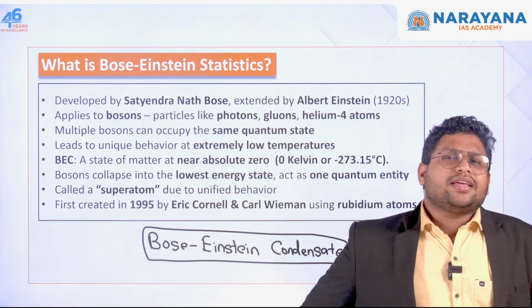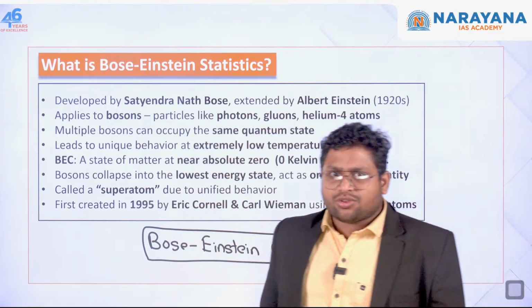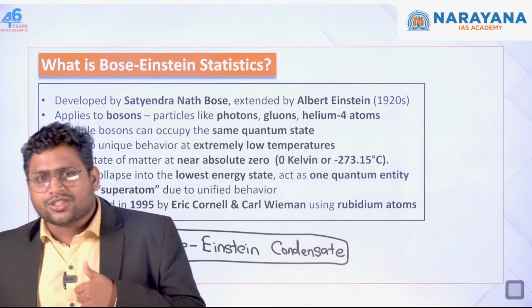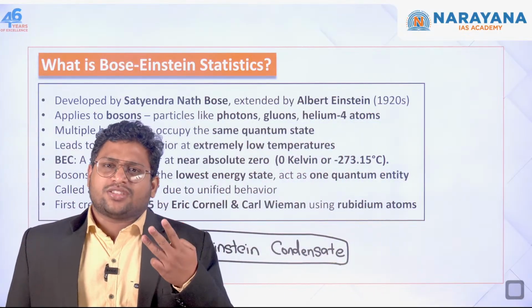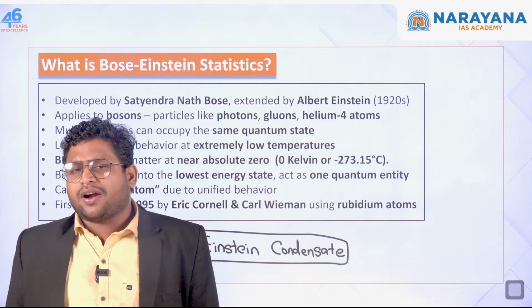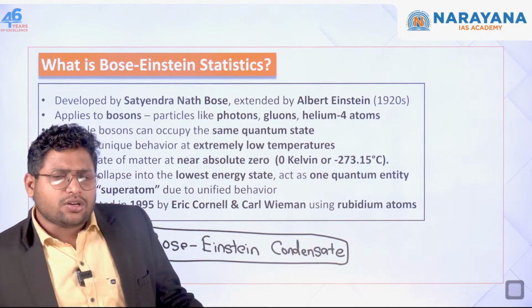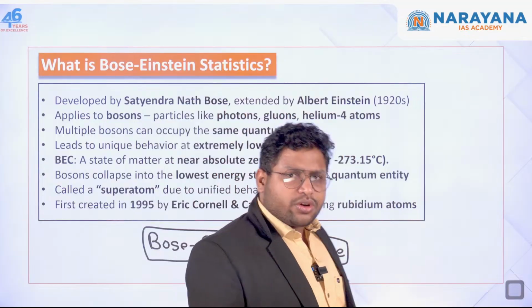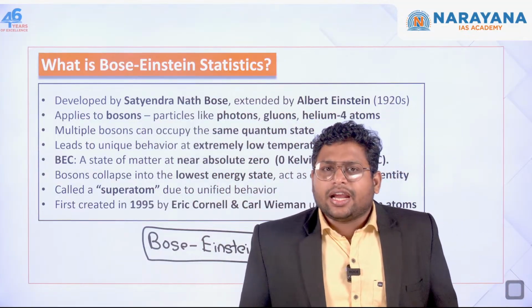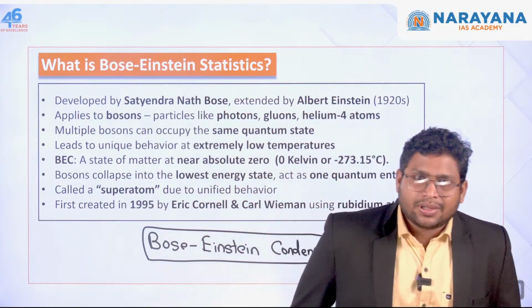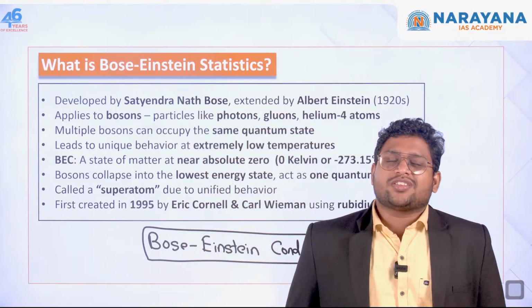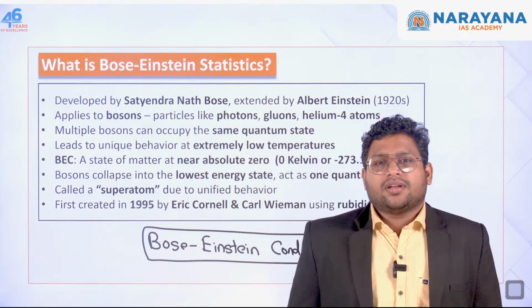Earlier we only knew these three states of matter: that something can exist in solid, liquid, or gaseous form. We didn't understand anything apart from that. Later on, with more studies, we got to know that if you give it more heat, it becomes plasma, which we call the fourth state of matter. But come back.